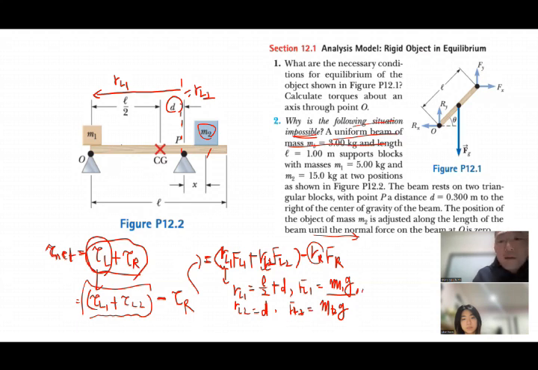R is X, the distance from the rotation center to M2, and F_R is M2 g.